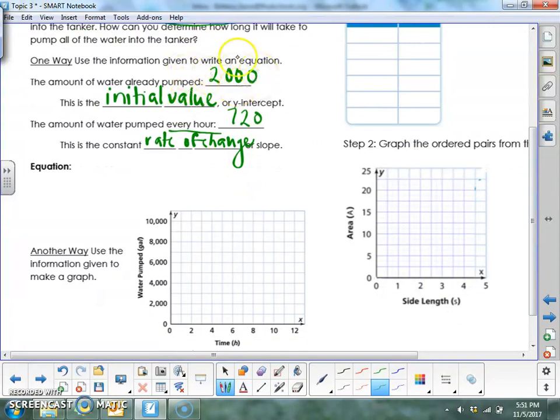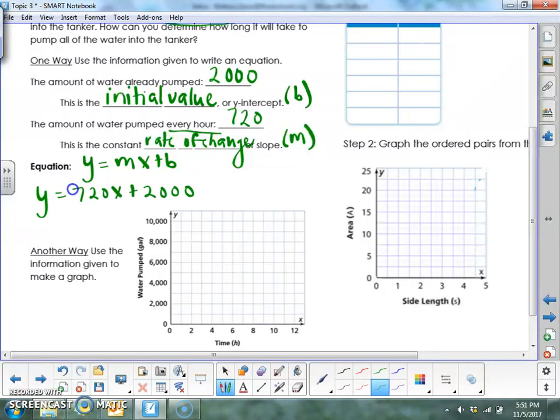So this was our starting amount that was pumped out. This is how much is being pumped every hour. So when I want to put this into an equation, you remember the form is y equals mx plus b. Your initial value or your y-intercept was your b, and your slope was your m. So when we plug in these values, my equation would be y equals 720x plus 2,000.